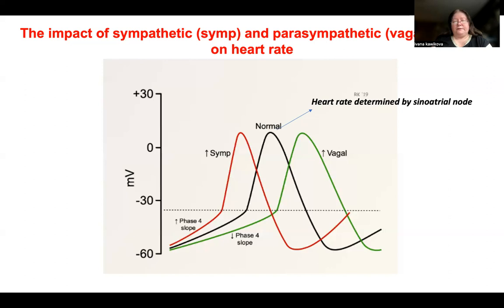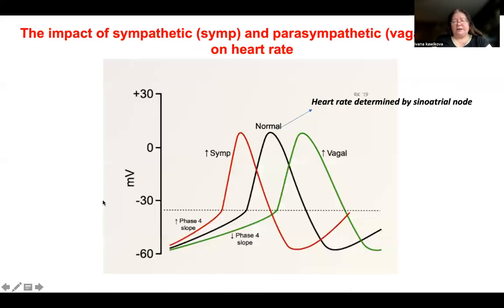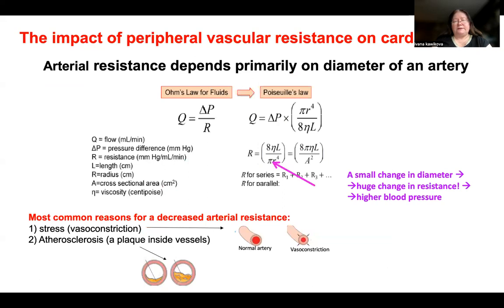So another very important aspect of the stroke volume is peripheral vascular resistance, right? So peripheral vascular resistance is primarily dependent on diameter. So here you see an Ohm's law determining the differential in pressure depending on resistance.